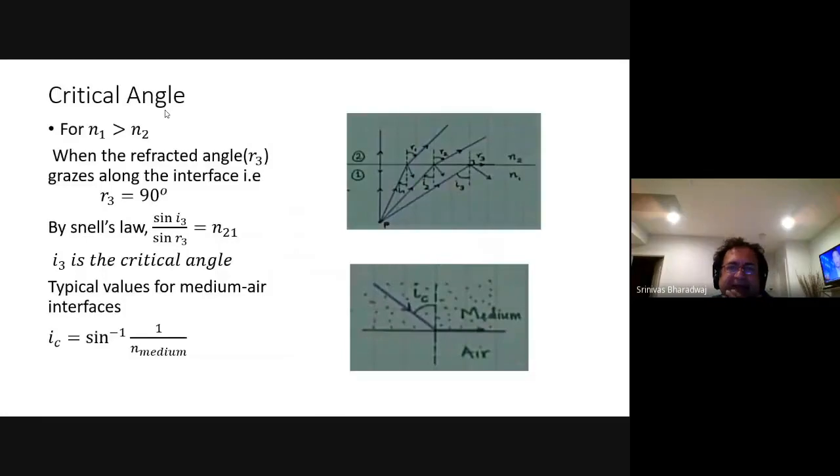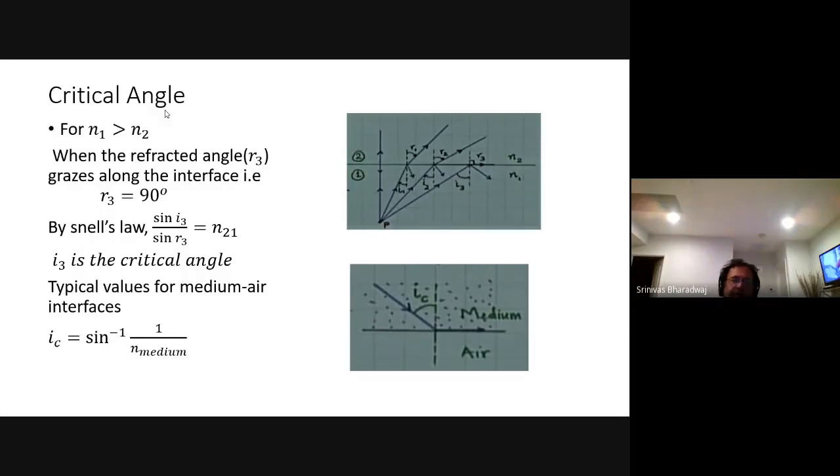There is an angle at which, if you have the vertical and you keep increasing the incident angle, all the light is returned.